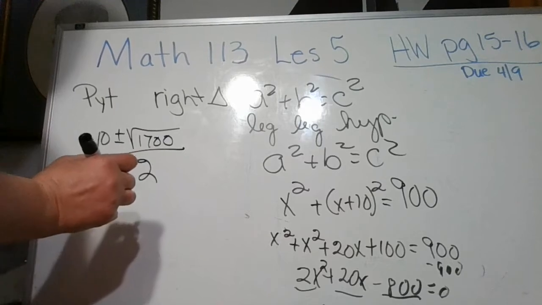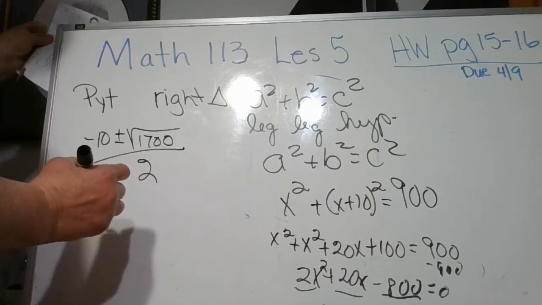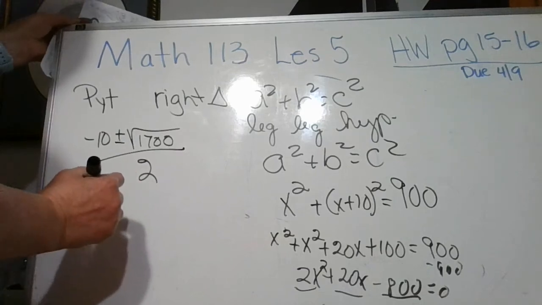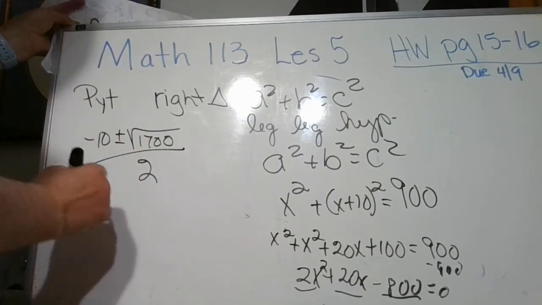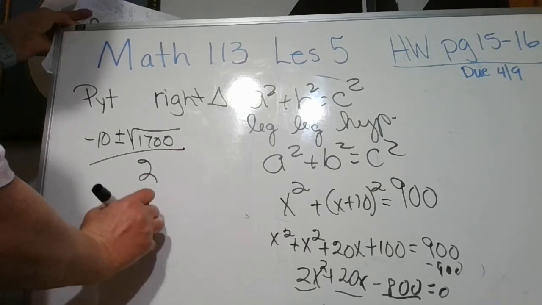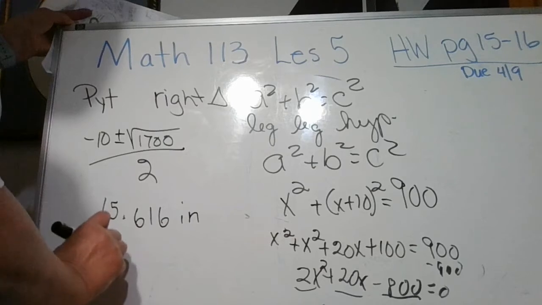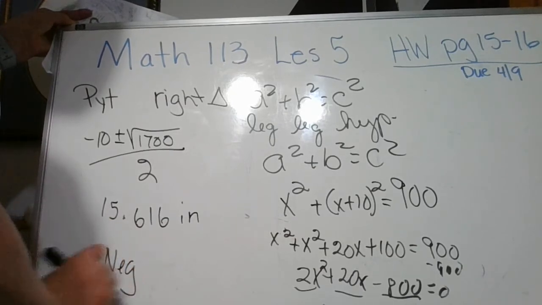Now on this one, yes, you need to work it out to a decimal. And when you do, you'll have one positive number and one negative number, and your answer has to be positive, so it's going to be 15.616 inches, because distance cannot be negative.